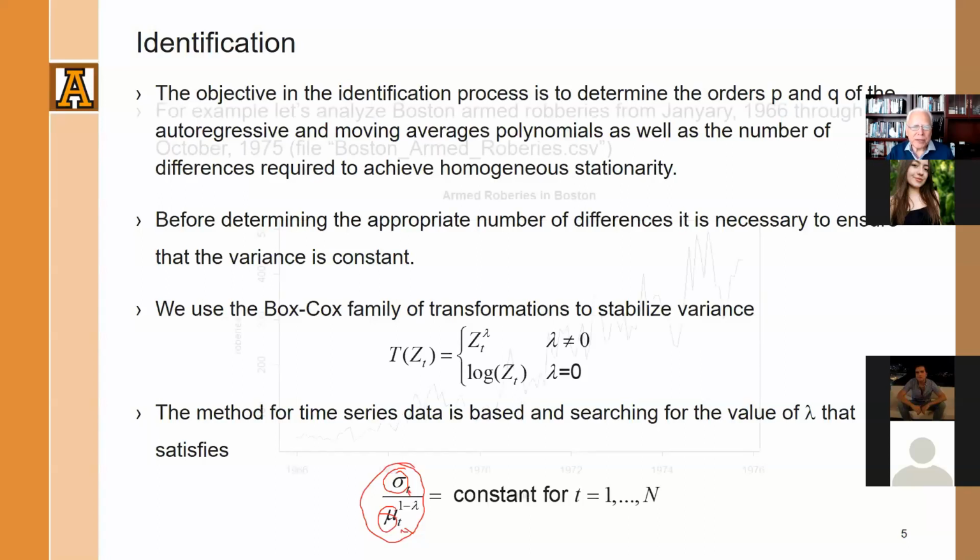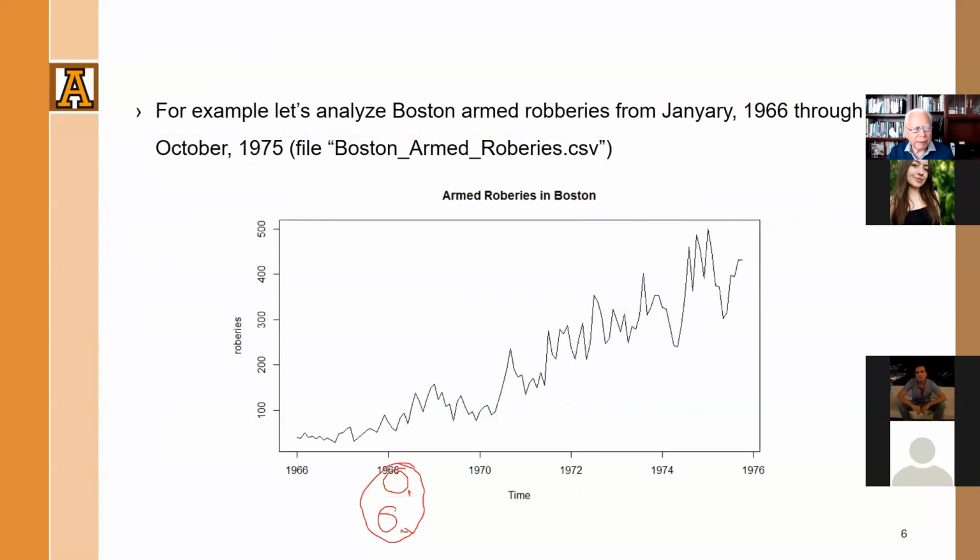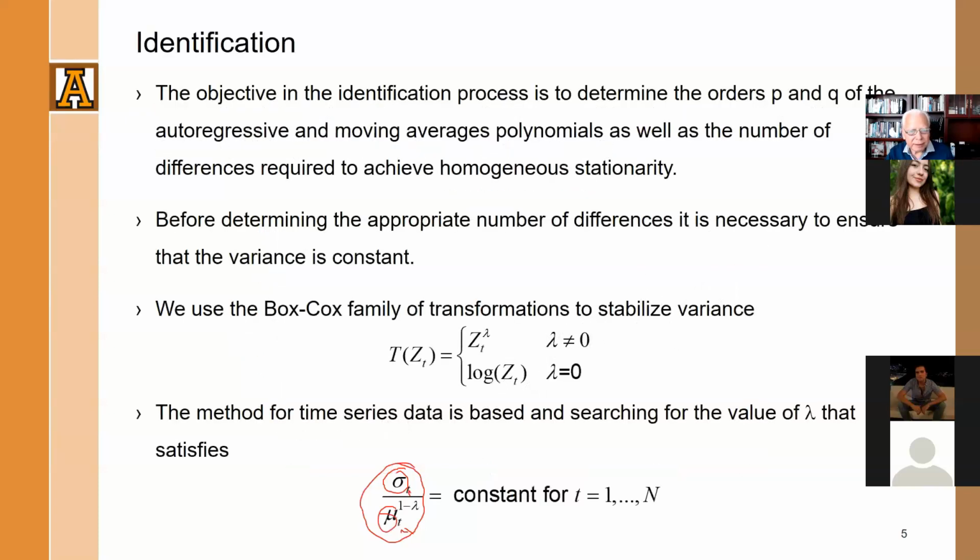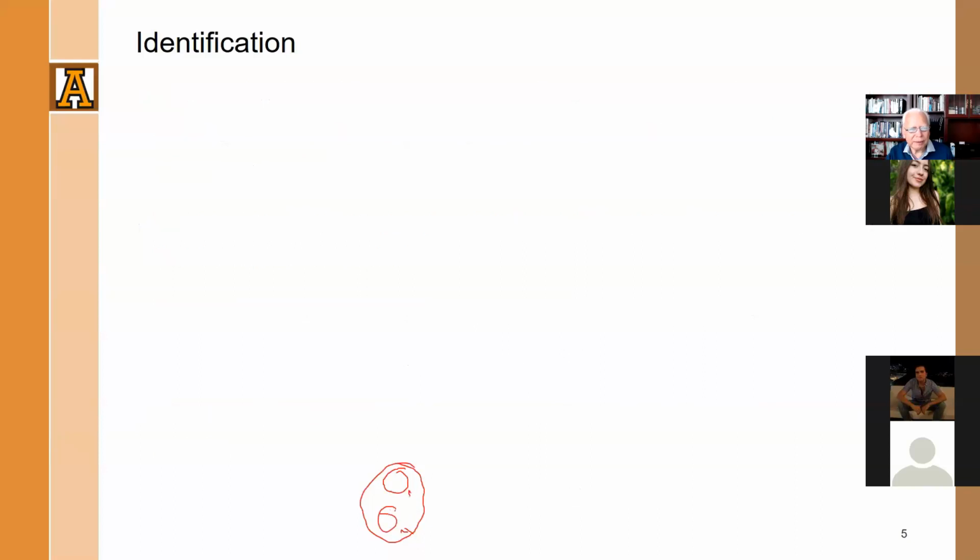So the procedure, let me go to a blank page. Let's see, I'm going to work here. The procedure that essentially we follow, and I'm going to draw a series here, is suppose that my series looks like this.